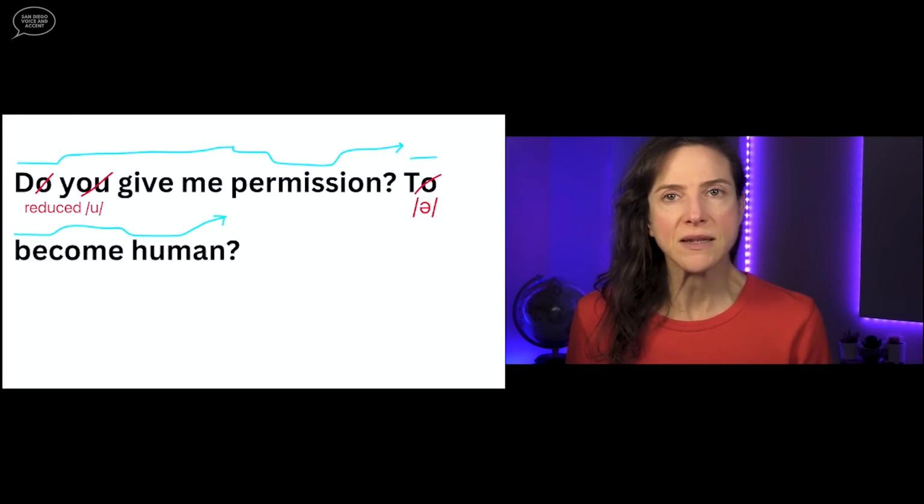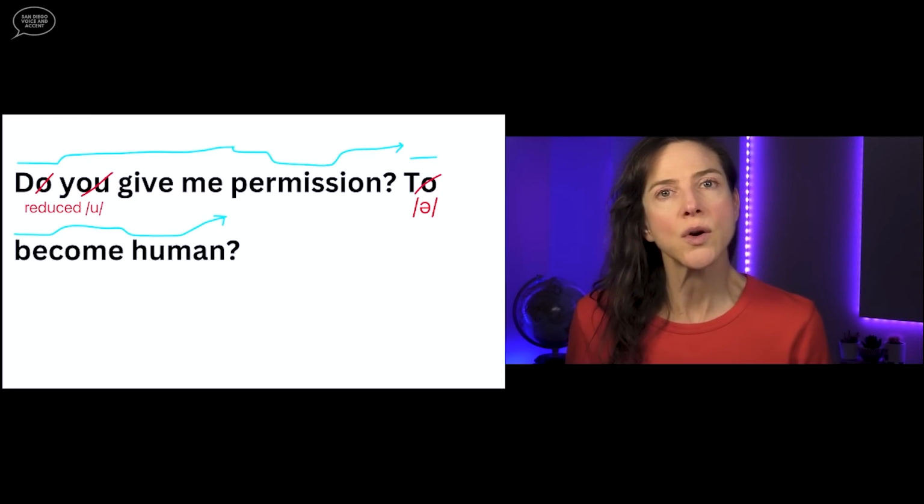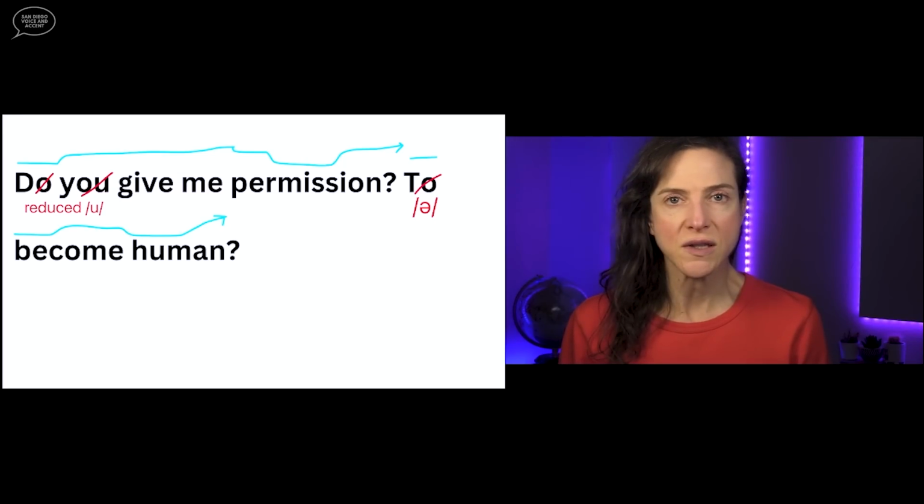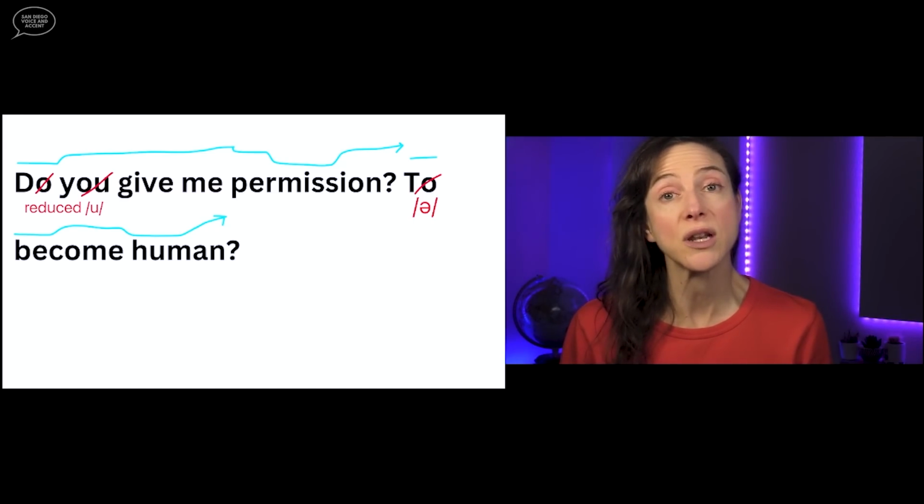So it's kind of two questions in one. She ends with upward intonation on the word "permission," and then again on the word "human," because these are yes/no questions, and it's typical to have upward intonation when you're asking a yes/no question.